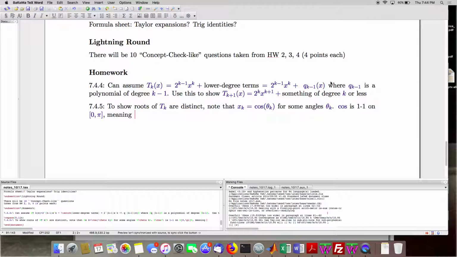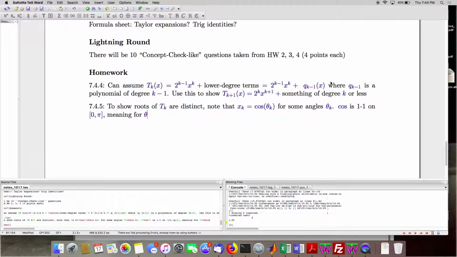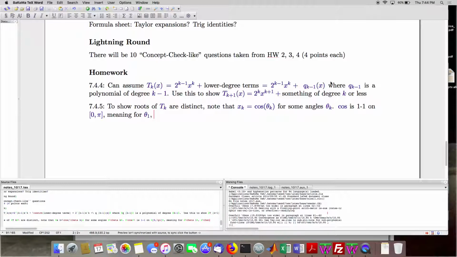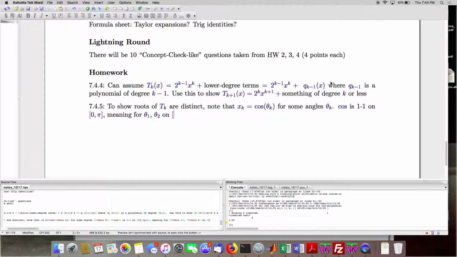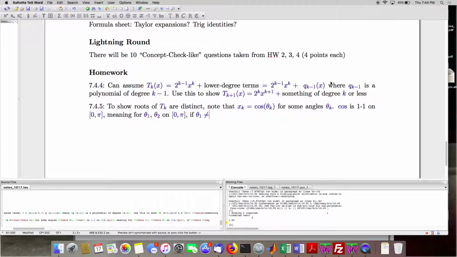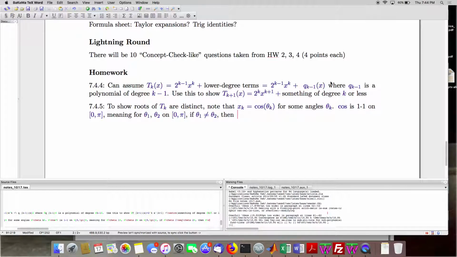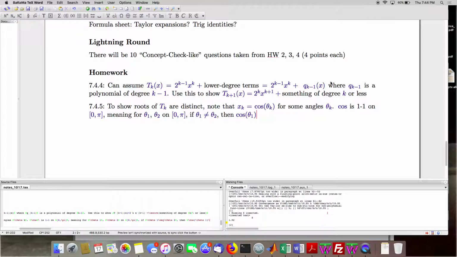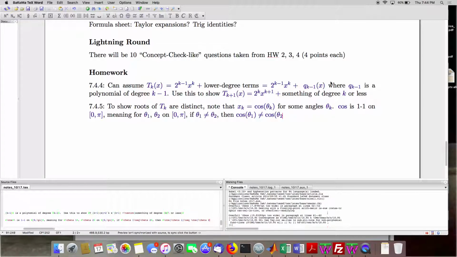Which means that for theta_1 and theta_2 on that interval, if theta_1 is not equal to theta_2, then cosine theta_1 is not equal to cosine theta_2. You're trying to show that all of these cosines are distinct, but because it's one-to-one on this interval, it reduces the question to showing the angles are distinct.